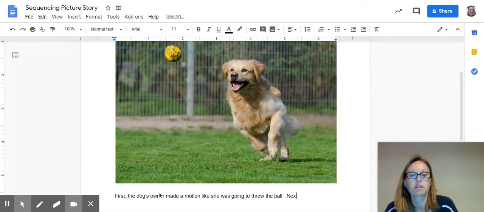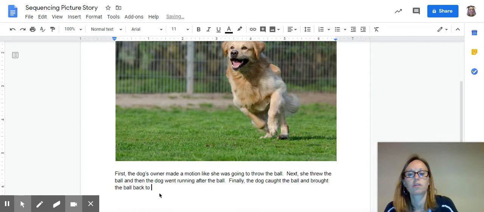Next, she threw the ball, and then the dog went running after the ball. Finally, the dog caught the ball and brought the ball back to her owner.